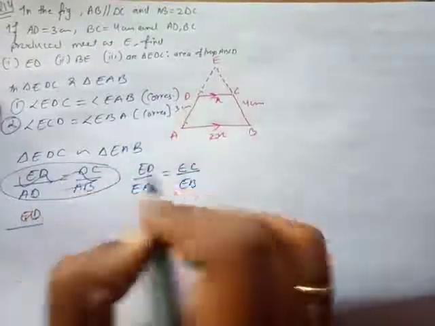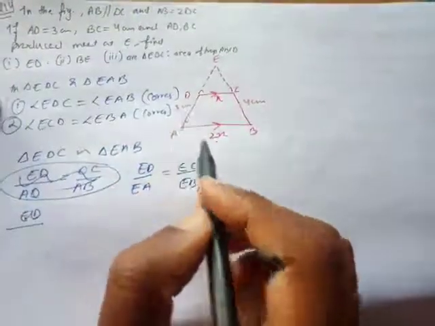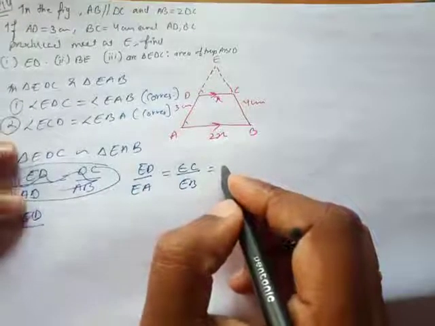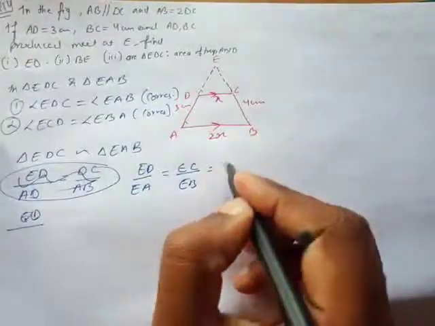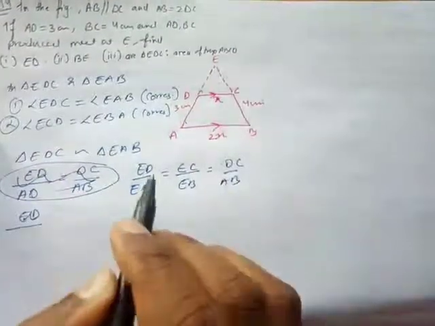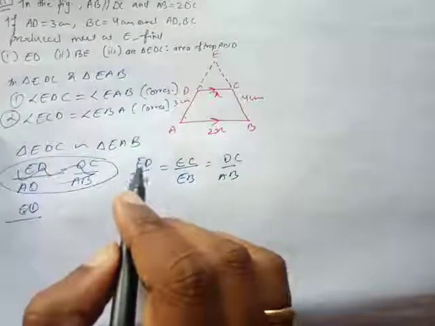Do you see the difference? Earlier I wrote AD, now I am writing this, and this is DC over AB.